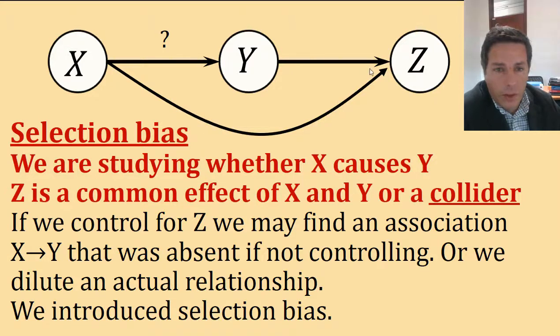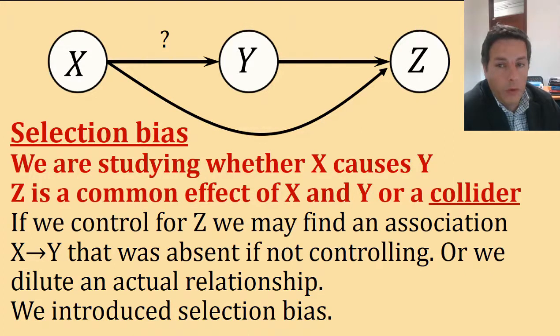So let's say we study the effects of practice on skill in the top players in a sport. Well, that dilutes the effect of X on Y because you restricted the range of skill and the range of practice, and then you may not find an effect at all.